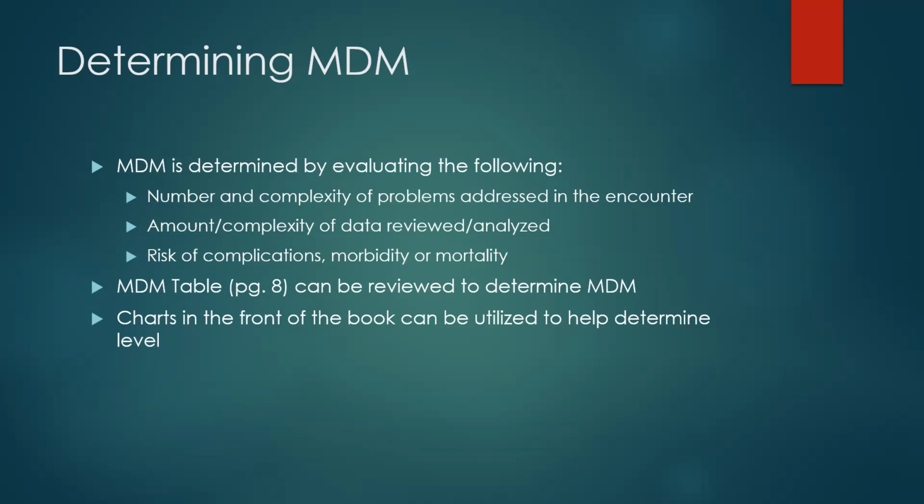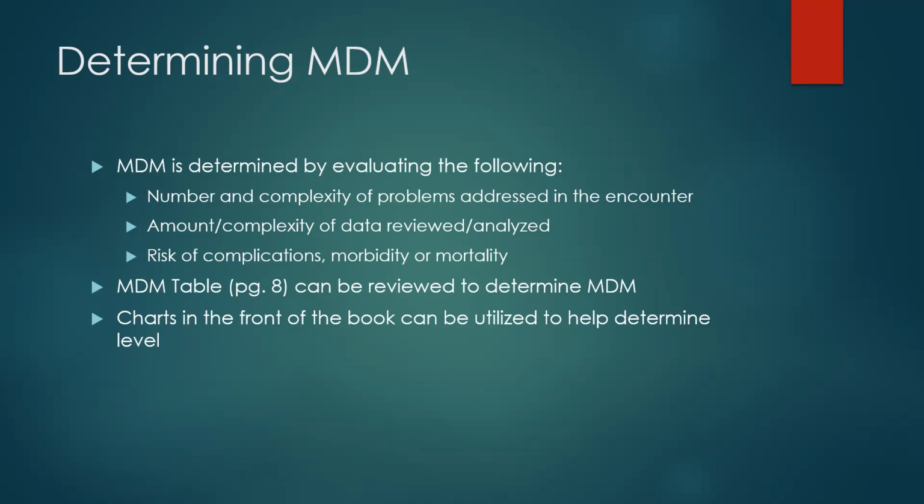We don't need to see what a different specialist had said. We don't need to consult anybody. Then that's going to, again, correlate with that low level of MDM or straightforward level of MDM. And if we have a lot of data to go through, we do have to consult physicians or look at previous reports or order lots of tests. Then that is going to correlate with higher levels of MDM.